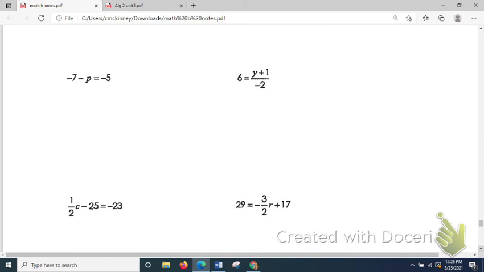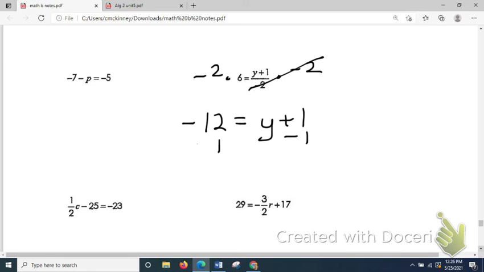Okay, this one we would have to do differently. This one we would have to multiply times negative 2 first, because I can't just reach in there and get rid of that 1 while it's part of the fraction. And then that would be negative 12 is equal to y plus 1, and we would take away 1 to get negative 13 equals y. So a little different setup, a little different step order when there's one big fraction.